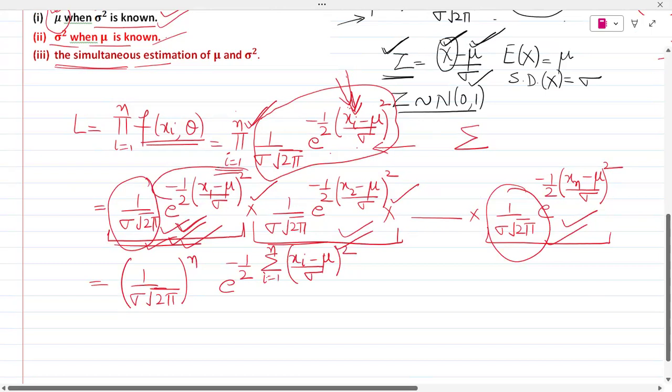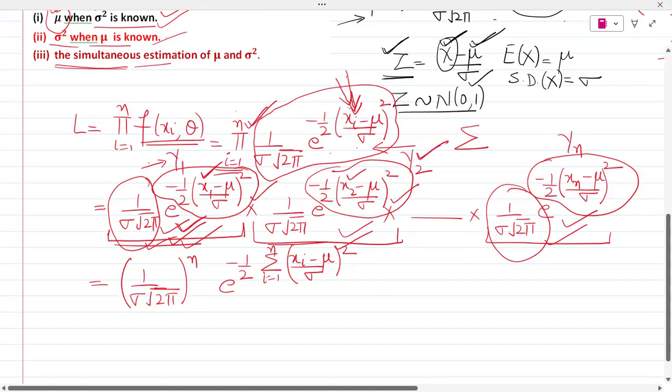Here it is raised to power y1. You can say this is our first term, y1. And here it is e raised to power y2, and going on, here it is e raised to power yn. Obviously it depends upon 1, 2, because y1 is for the first sample observation, y2 for the second sample observation, yn for the nth sample observation.